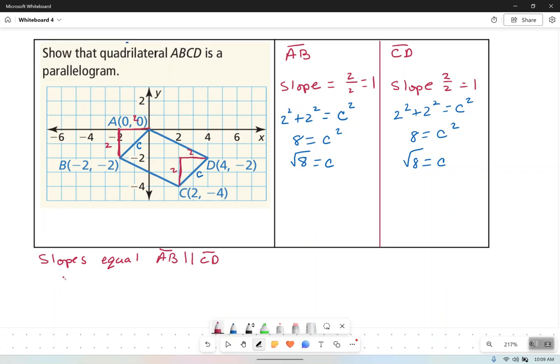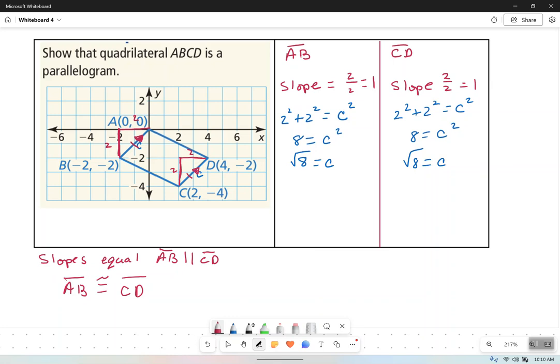So I'm going to say the distance from A to B is congruent to the distance from what to what? Which means these sides are equal, and they are also what? They're also parallel. They're equal and they are parallel here.